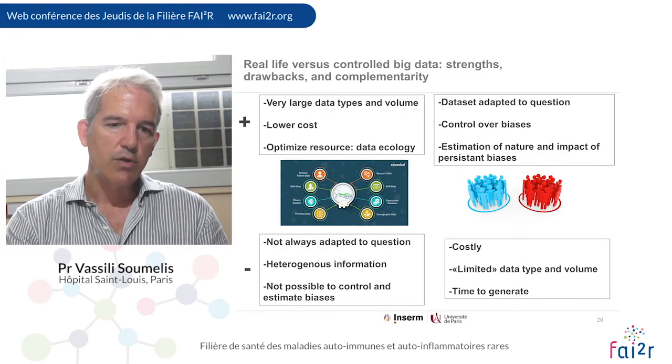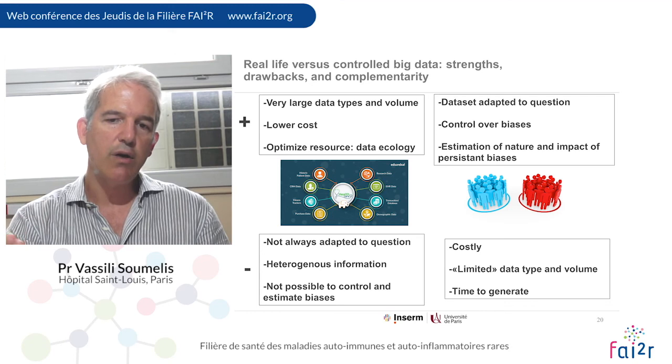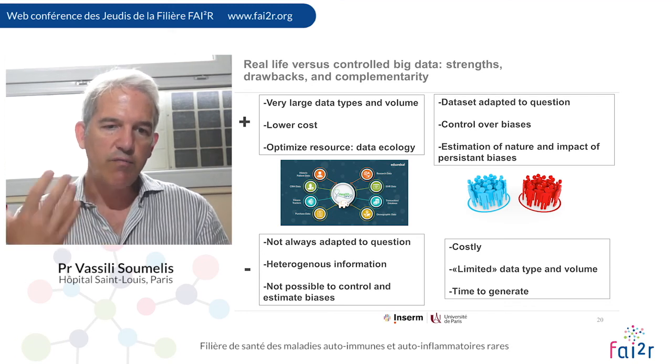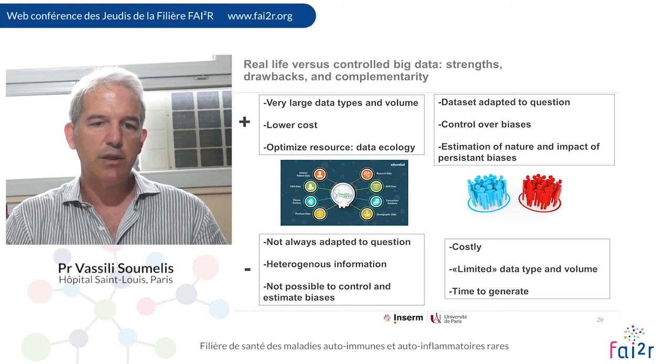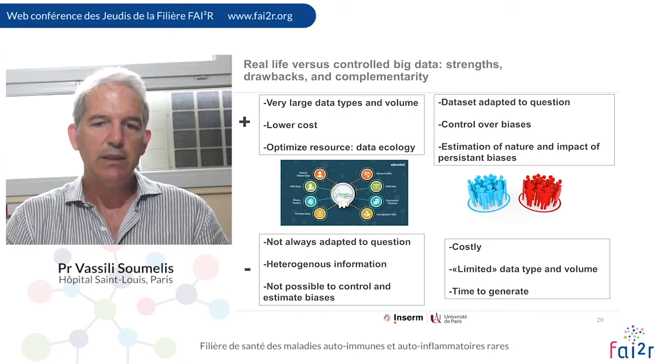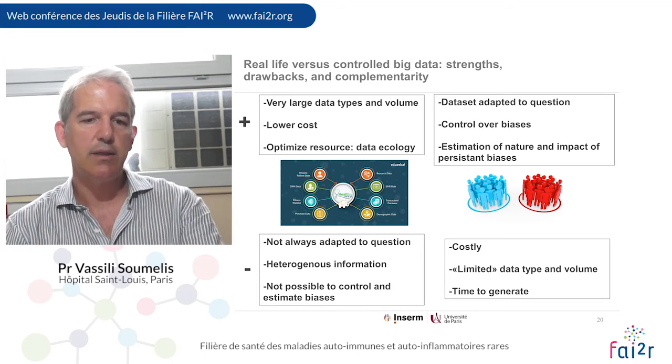So I would like to end with this slide, presenting the two different types of data that we can work on in terms of big data in the context of disease epidemics, such as now the COVID-19 disease. But of course, these strategies can be applied to any disease setting.